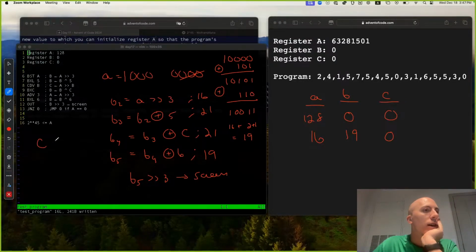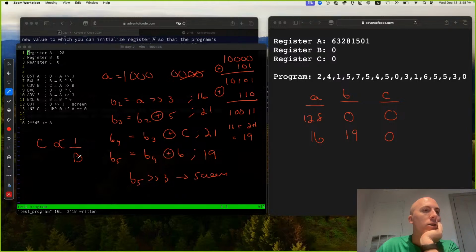So I will say that C is going to be inversely proportional to B. So if B is big, then C is small.